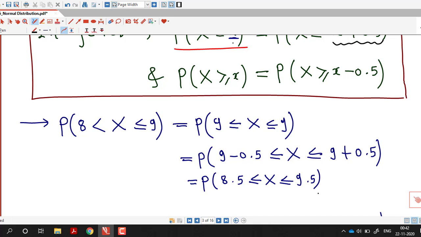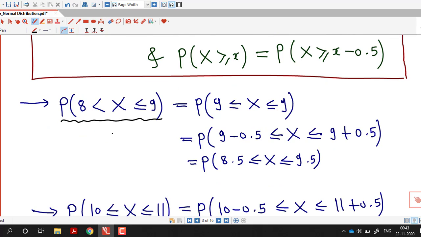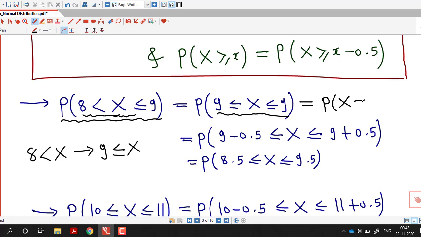Similarly, we can add continuity corrections for other probabilities, like the probability that X is greater than 8 and X is less than or equal to 9. Because X is a discrete random variable, 8 is less than X is equivalent to 9 is less than or equal to X. So I replace 8 less than X by 9 less than or equal to X. This is nothing but the probability that capital X equal to 9, which we have discussed.